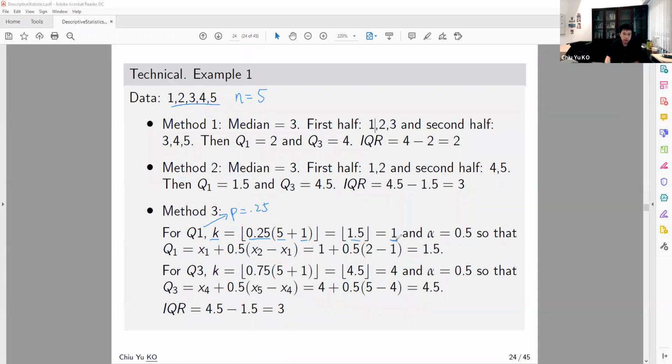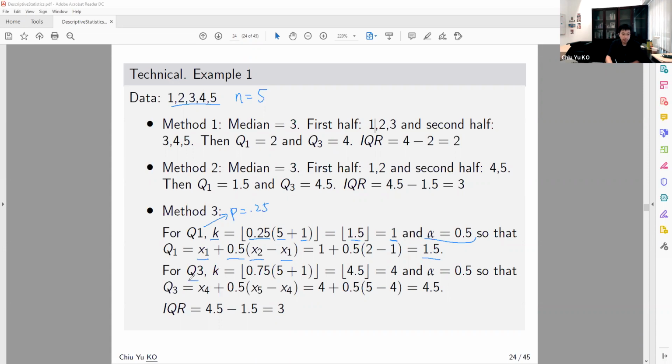The difference between 1 and 1.5 is alpha. Then what we have is xk, which is x1, plus alpha times xk plus 1, which is x2 minus x1. So x1 is 1, the second data is 2, minus 1, so we have 1.5.